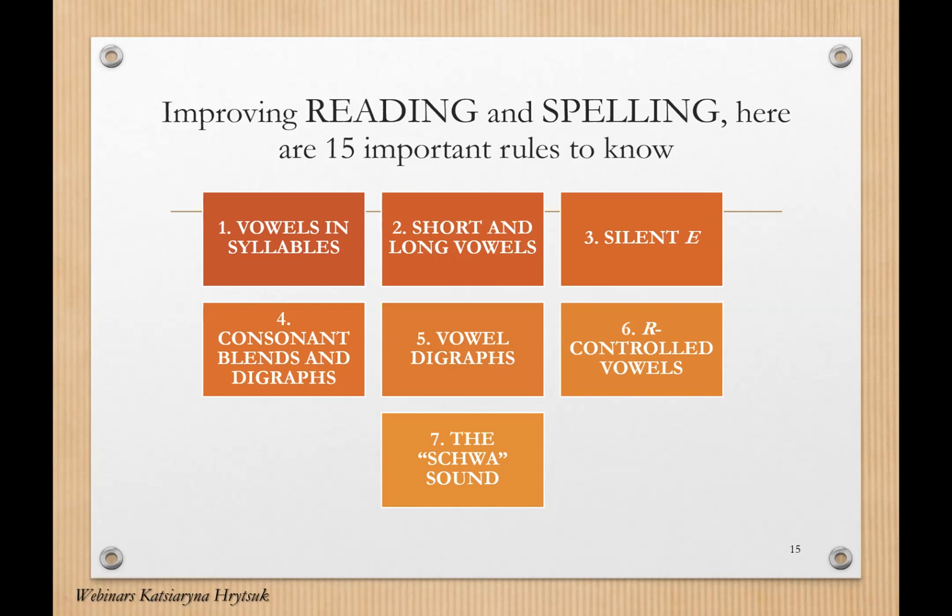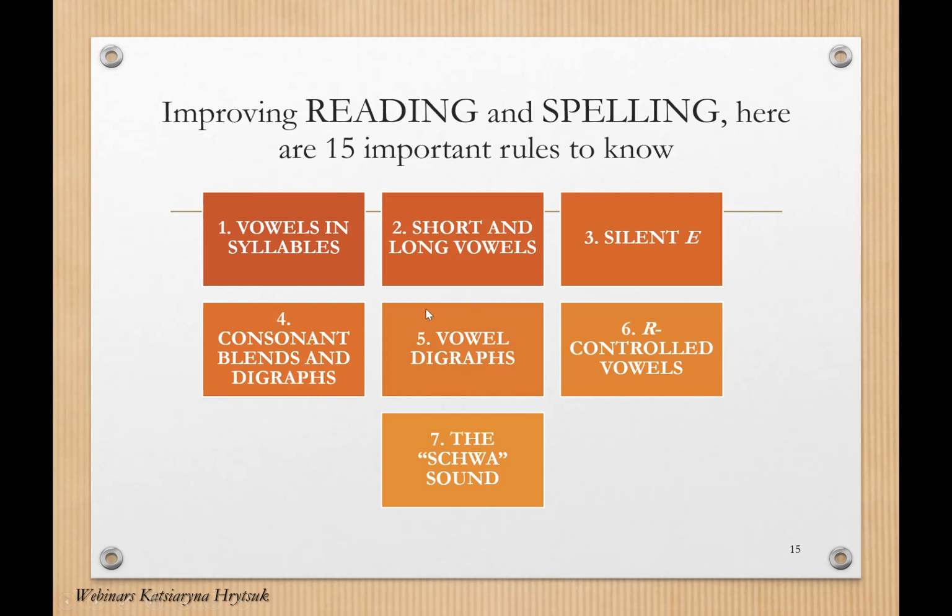That's why we will talk about this silent E. Number 4, it's consonant blends and digraphs. Wow, something new. No one has heard these words, okay? Everyone knows the word blender, but no one knows the word blends. Okay, I will explain. Digraphs are also some combinations.